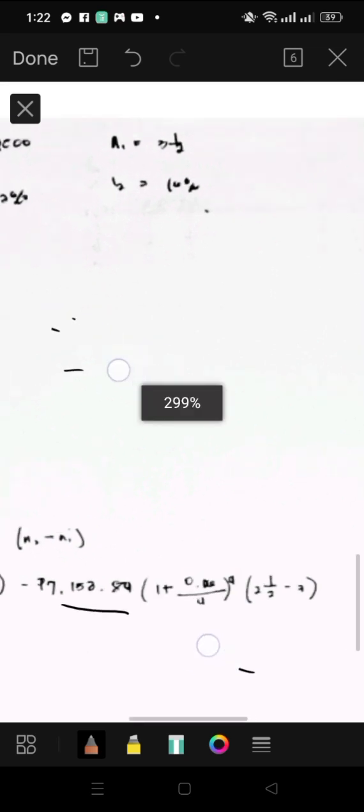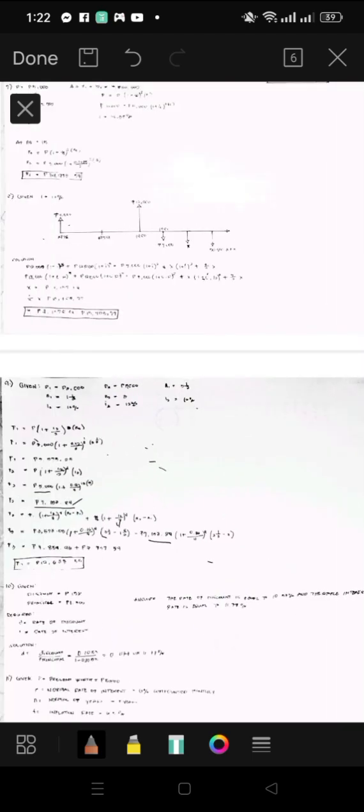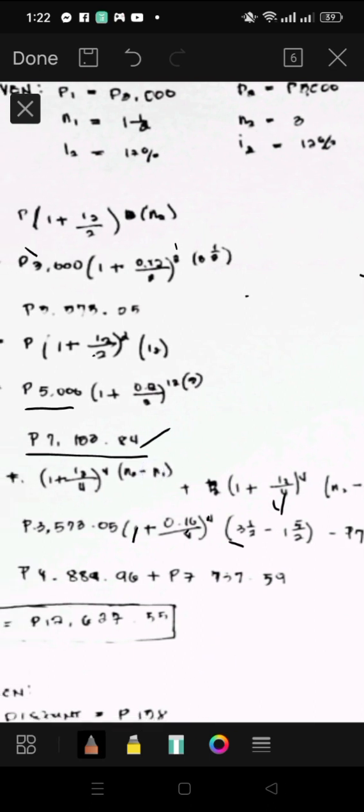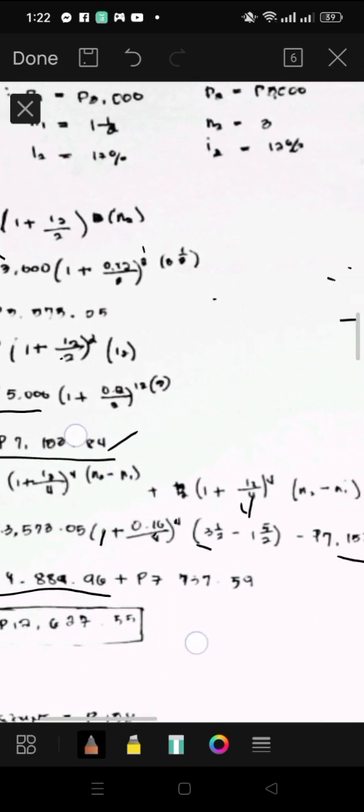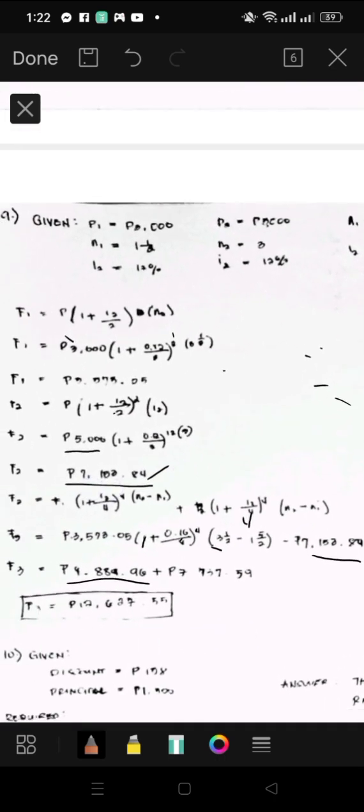So the answer of F1 is 4,889.96 plus F2 which is 7,737.95. So the next problem is problem number 10.